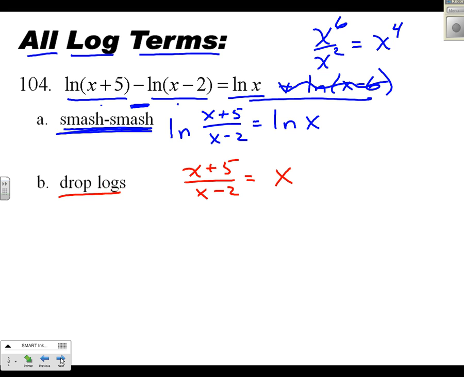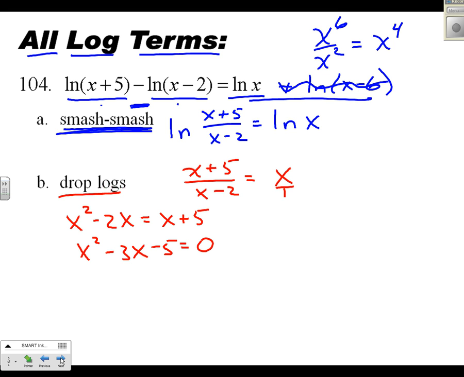So at that point, we're straight algebra. I'm going to go ahead and cross multiply. I get x squared minus 2x equals x plus 5. So again, I get a quadratic. That is x squared minus 3x minus 5 equals 0, which does not factor. So maybe we have a solution, maybe two solutions, maybe no solution.